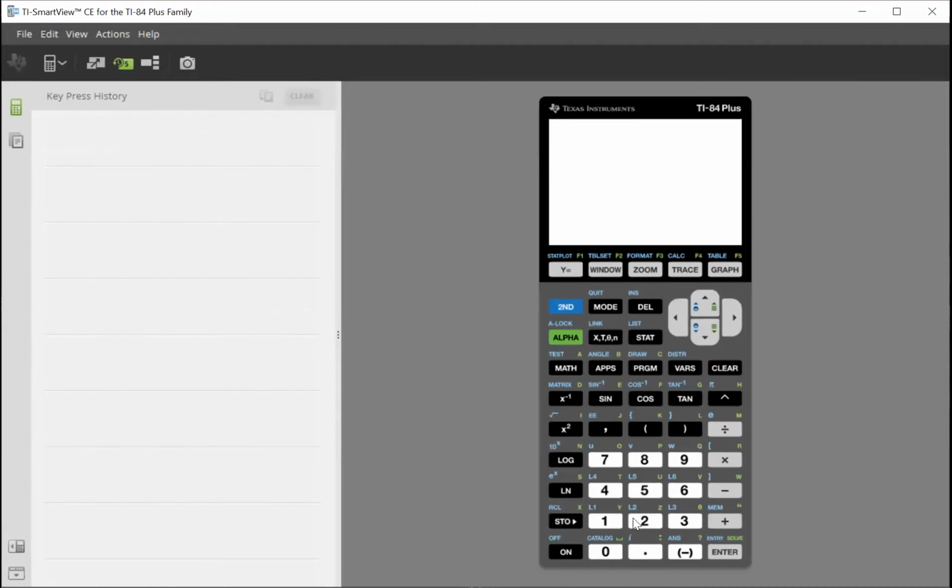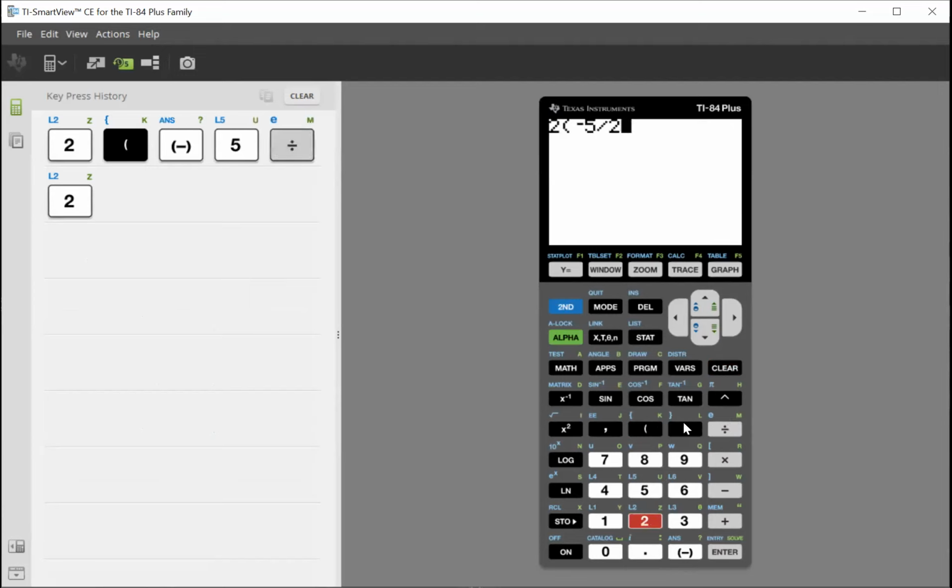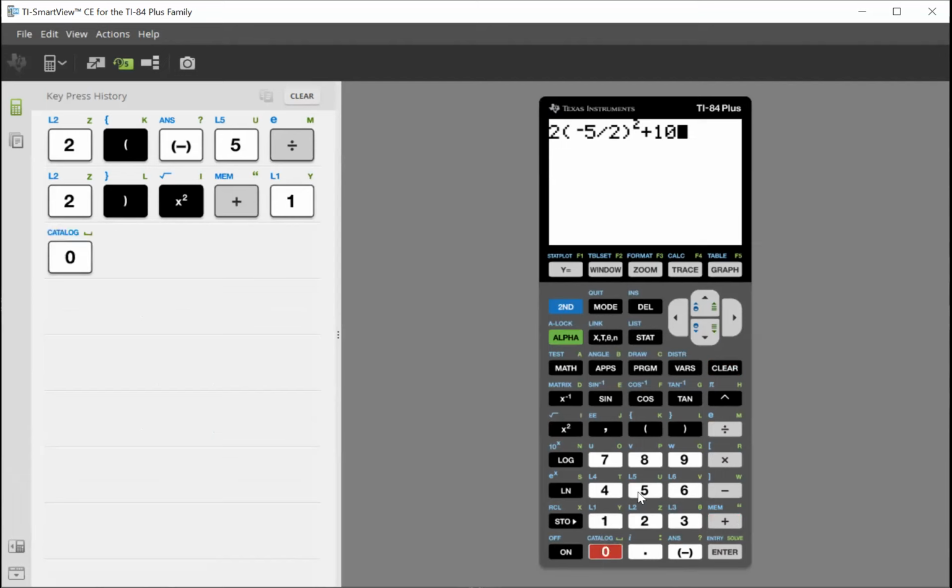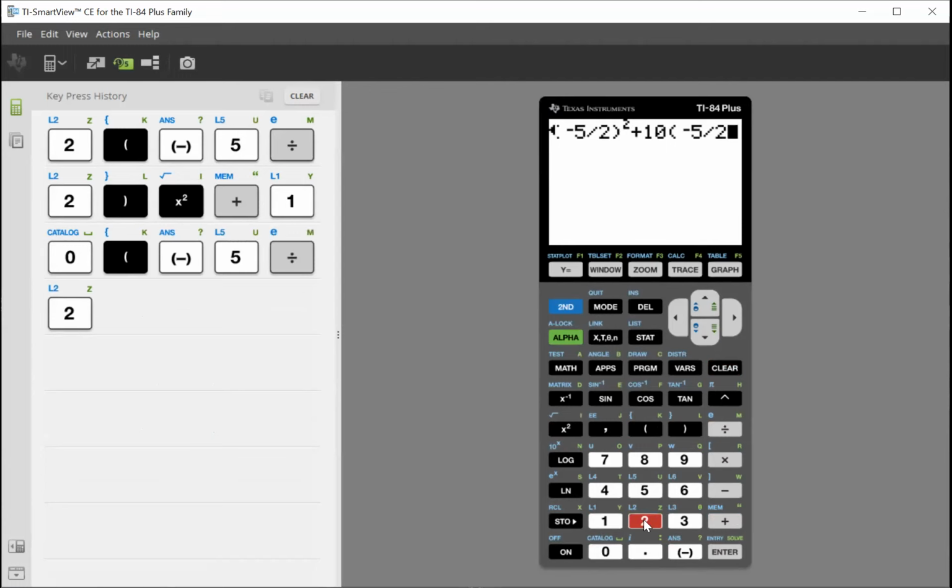And let's plug that in. So we got 2 parentheses, negative 5 halves. Close parentheses and square that. Plus 10 times our negative 5 halves. Close those parentheses. And then we got what, a plus 9.